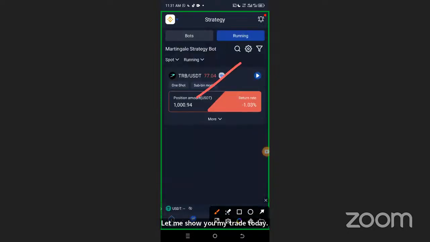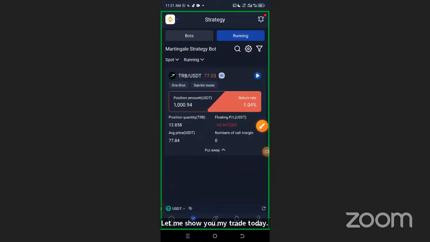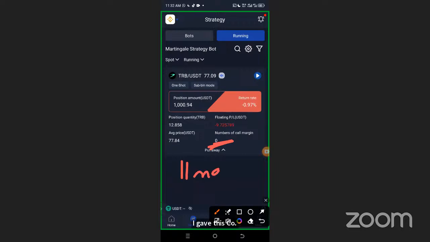This is my trade today. Number of margin calls is 0, but I gave this coin 11 margin calls. I gave it 11 margin calls, but it is showing me 0. What does it mean? Simple.